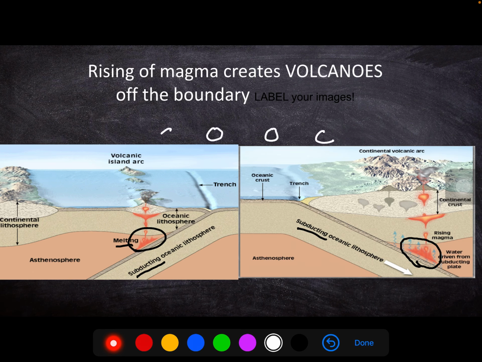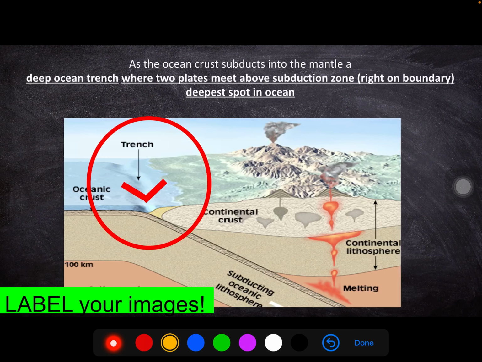This picture on the left is our ocean-ocean boundary, and you can see the names of the volcanoes here. This is our island volcano, again, because it's forming islands on the oceanic crust. This is our continental volcanic arc, because the volcanoes are forming on the continent. So look carefully at your pictures and the crust that we labeled, also your lists, and label those volcanoes correctly in your diagrams. Feel free to pause if you need to make sure you get everything.